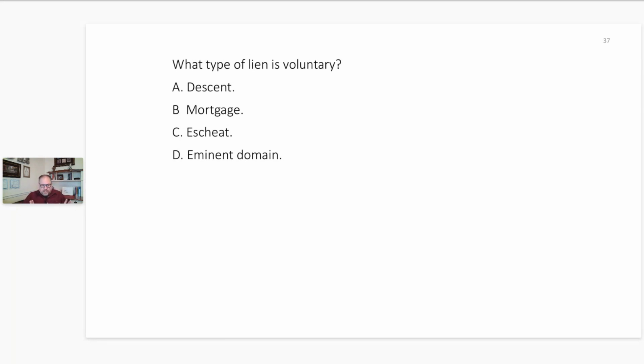So here's what you want to do. Listen to me carefully. You want to role play this when you're looking at the actual test question. You have to ask yourself, is the law putting it there or am I putting it there? That's going to give you your voluntary or involuntary. Second thing you have to ask: does it go on one property, or can it go on all the properties?